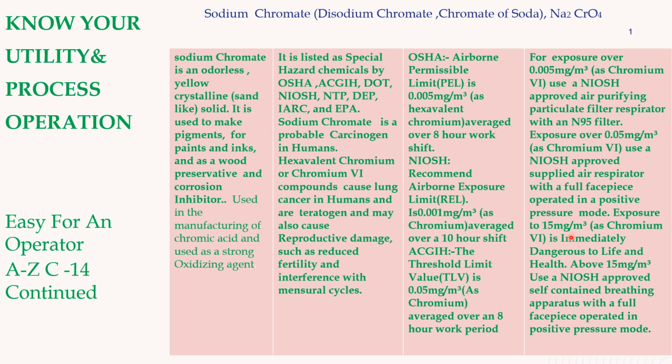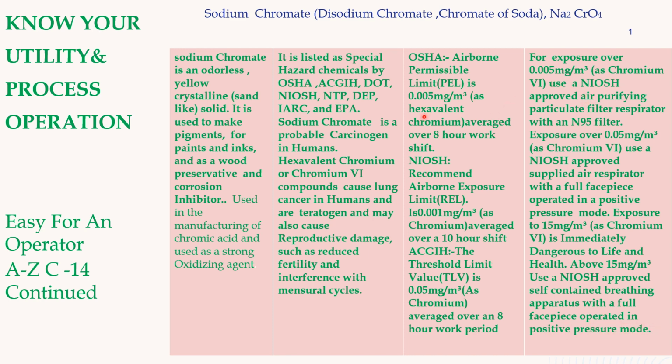Exposure to 15 milligram per meter cube as chromium 6 is immediately dangerous to life and health, the IDLH value. Above 15 milligram per meter cube, we have to use a NIOSH approved self-contained breathing apparatus with a full face piece operated in positive pressure mode.